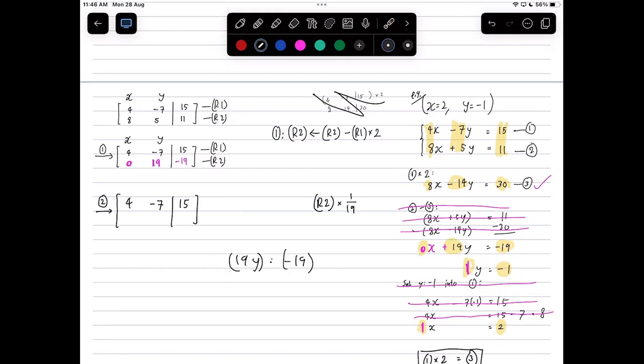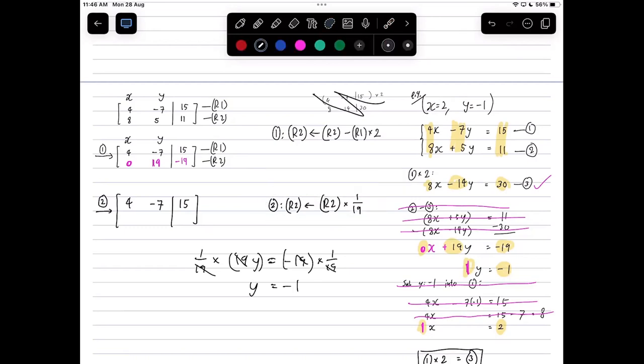So left and right, you multiply 1 over 19. This will cancel away the 19, you're left with a y. Cancel away the 19, left with negative 1. But in a very concise notation, it's just R2 times 1 over 19. And you're gonna use this to replace the original R2, row 2. That is my action number 2.